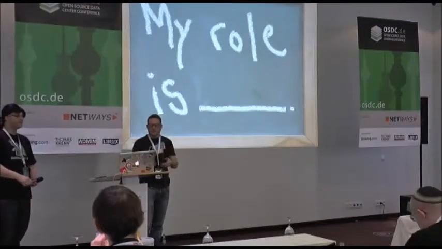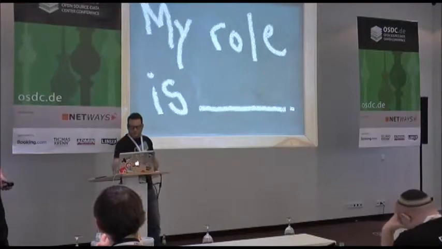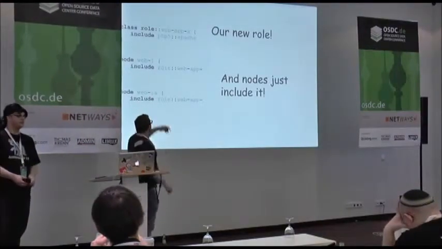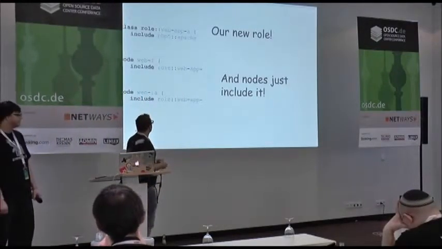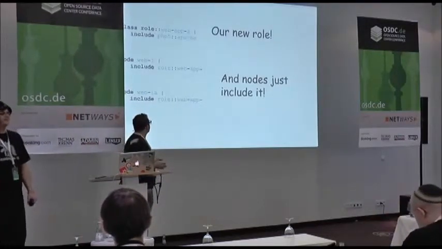A role says it does specific things, so what we could do is just add this layer, a role class, and it says it's a web app A, so it has a name, what it's doing, and it just says include the Apache module.